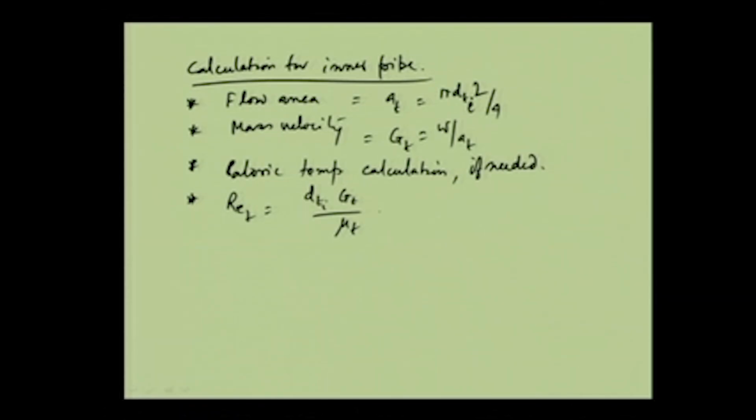And then calculation of hi from Dittus-Boelter or other correlations. From correlations, once we know that, then we can calculate hio. So, these are the calculations for the inner pipe.